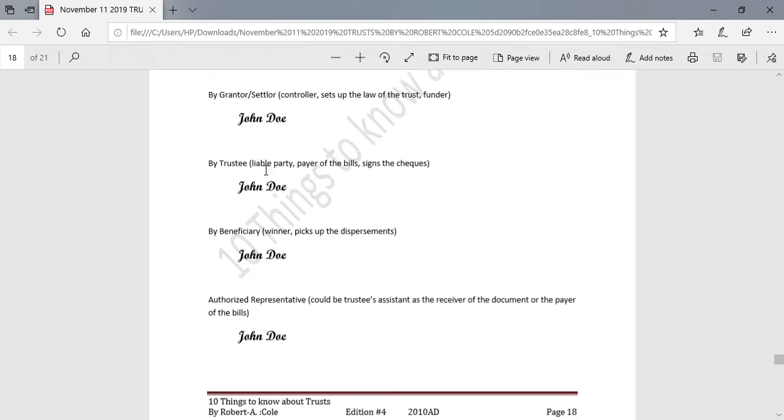John Doe, trustee, by trustee, liable party, payer of the bills, signs the checks. John Doe, by beneficiary, winner, picks up the disbursements. Authorized representative could be the trustee's assistant as the receiver of the document or the payer of the bills.